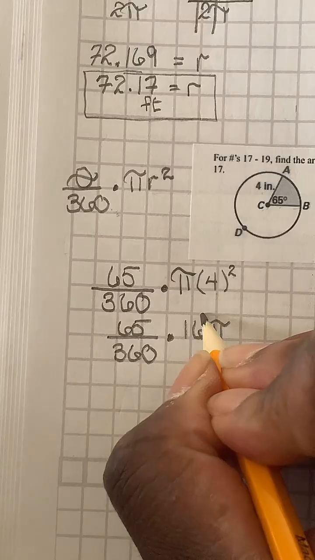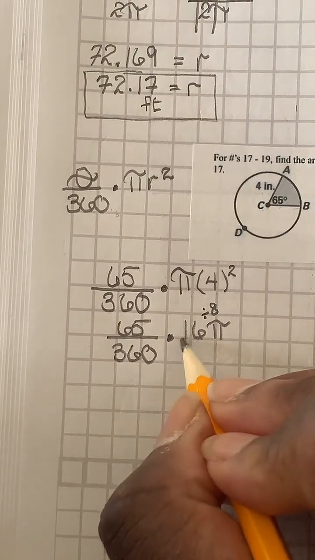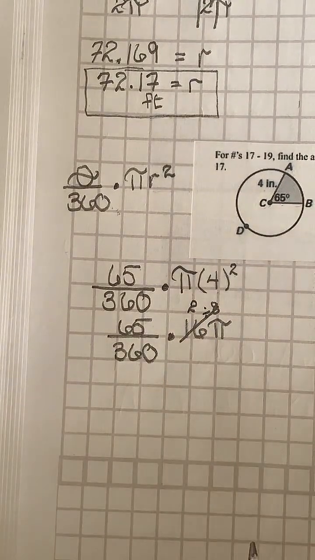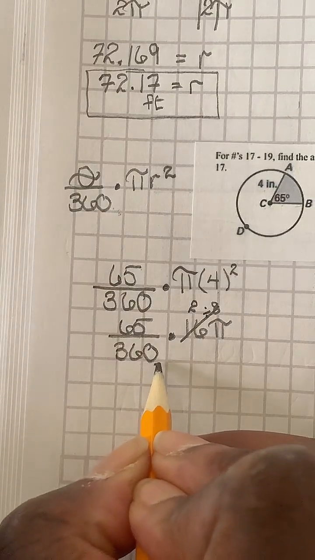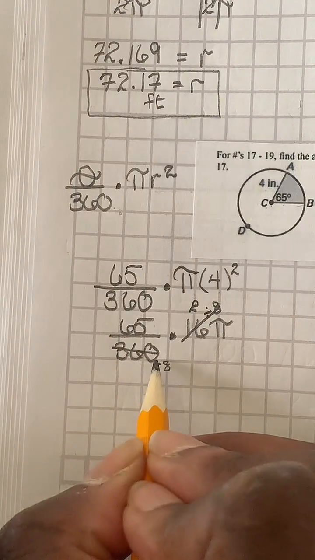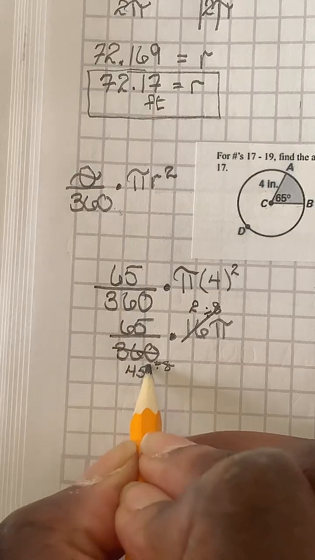Because if I take 16 divided by 8, this 16 is now 2. If I take my 360 and divide that by 8, that now is a 45.